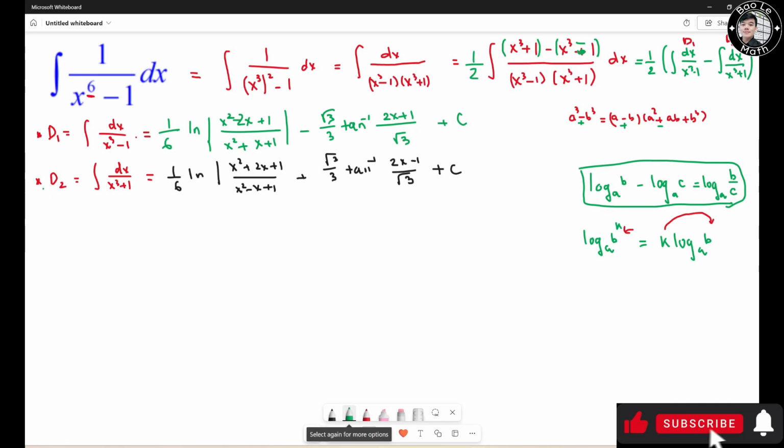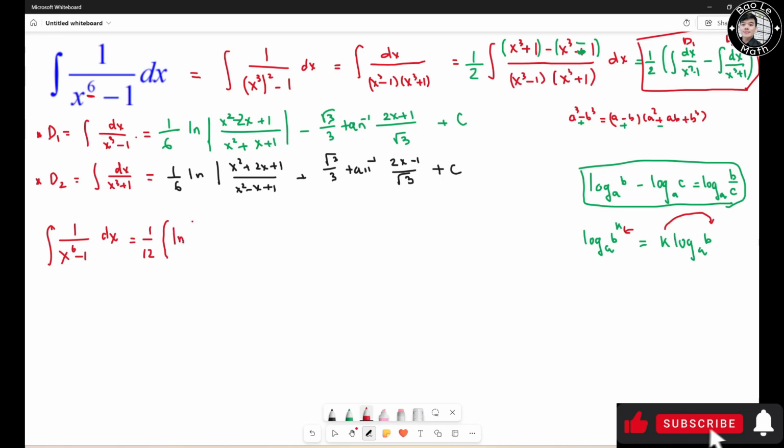So now I need to combine this one. Finally I need to calculate 1/2 of d1 minus d2 right here. I have the integral of 1 over s to the 6 minus 1 ds equals 1/2 d1 minus d2, right? So I multiply 1/2 right here. It turns out to be 1/12 parentheses. I'm going to group this guy.